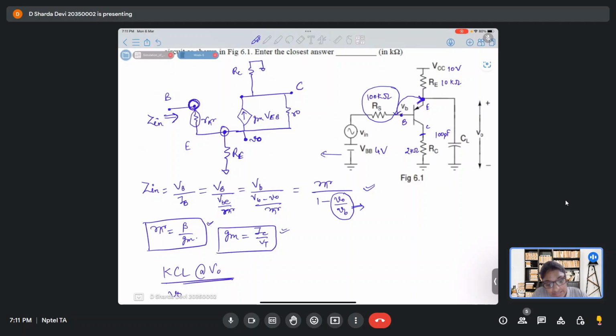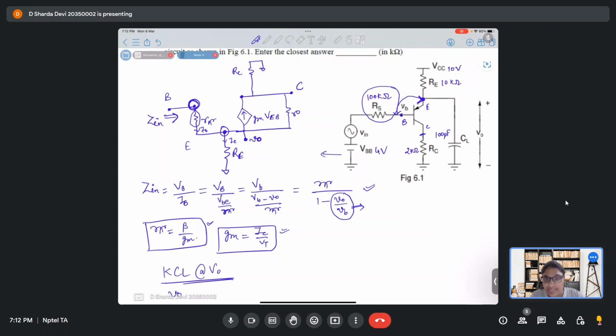Now here C is not grounded, so this will come in parallel. This RC term will also come in parallel. From the small signal model it appears to be very easy. It seems like IB will flow from here, and from here the IE will flow, and simply we'll write it in terms of IB and we'll get the Zn. But actually it is not that simple, because the presence of this RC is also there.